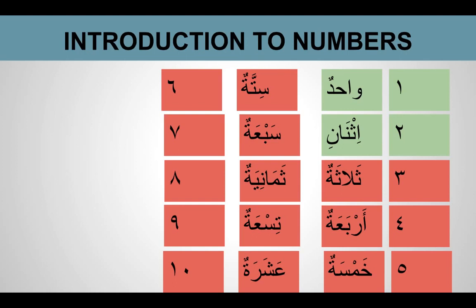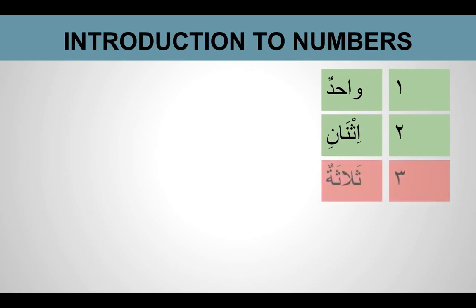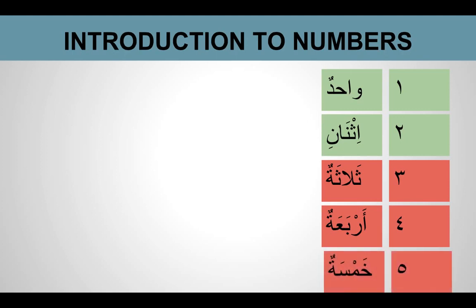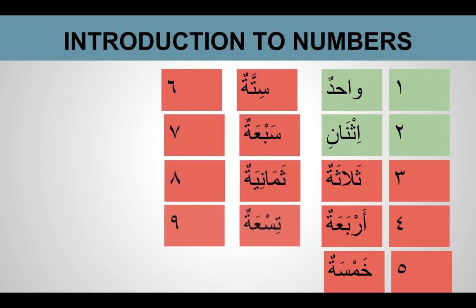So let's read again. واحد is 1, اثنان is 2, ثلاثة is 3, أربعة is 4, خمسة is 5, ستة is 6, سبعة is 7, ثمانية is 8, تسعة is 9, عشرة is 10.